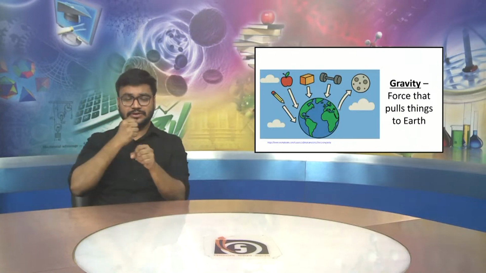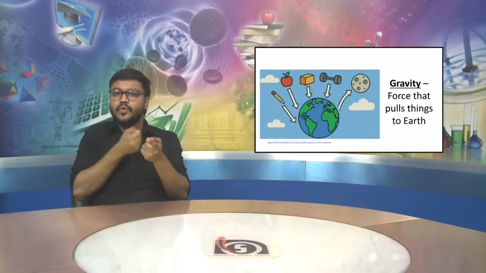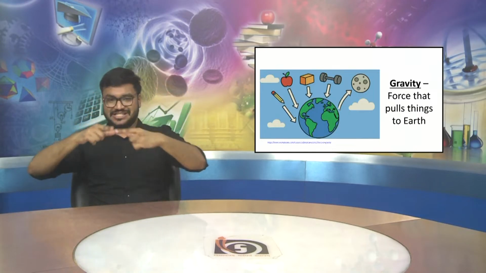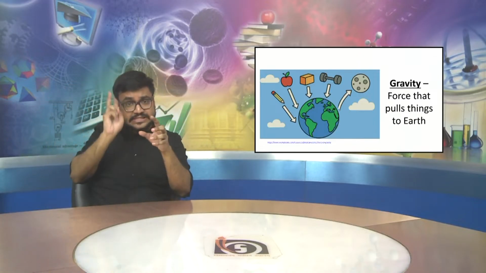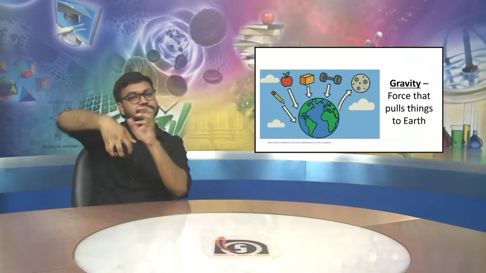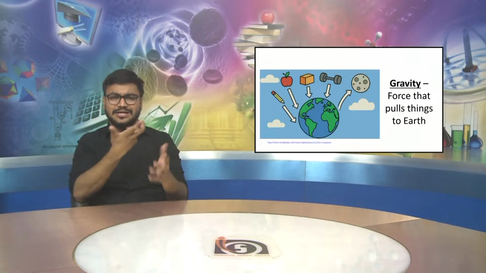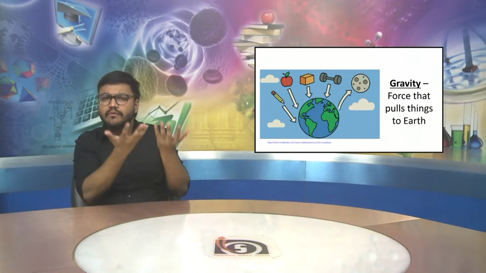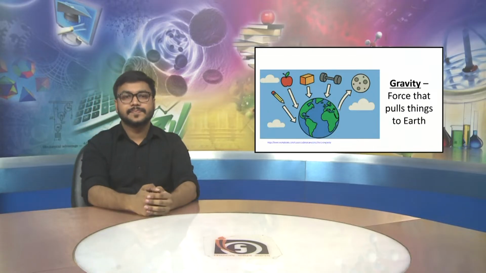Next is gravity. Gravity is a kind of force that pulls things towards the earth. For example, a satellite rotates around the earth because of gravitational force.